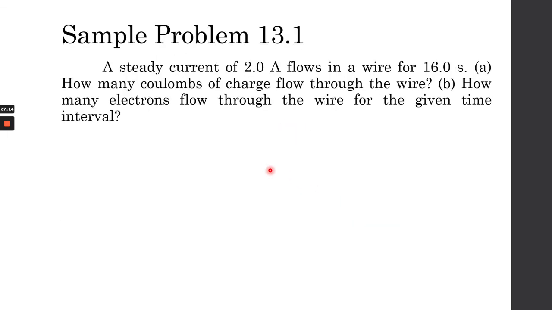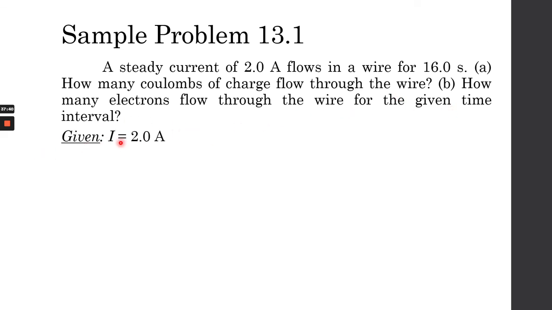So sample problem 3.1. Let's do a problem using the first equation for current that we had earlier. A steady current of 2 amperes flows in a wire for 16 seconds. A, how many coulombs of charge flow through the wire? And B, how many electrons flow through the wire for the given time interval?